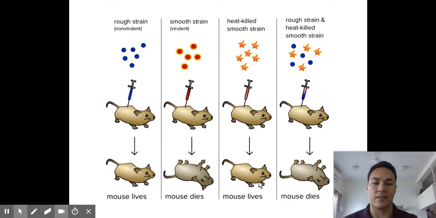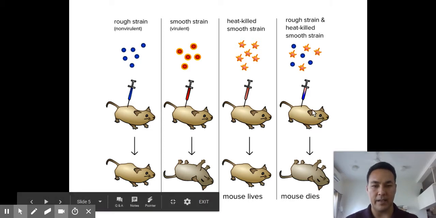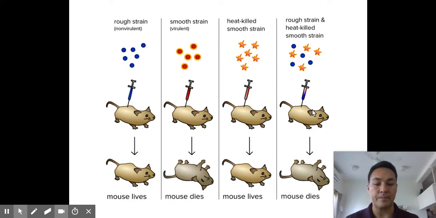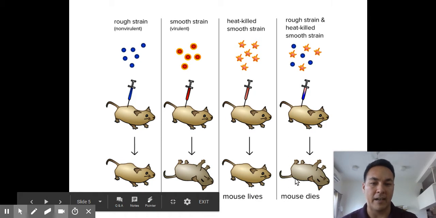Here is the transforming factor. Here he put the heat-killed smooth strain with the rough strain, and somehow the rough strain took up the gene or whatever it was that was letting the smooth strain kill the mice, and the rough strain became virulent and killed the mouse.